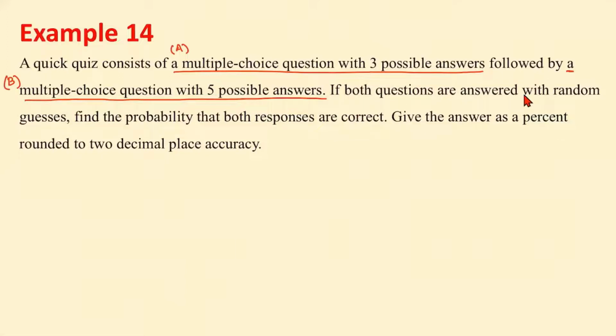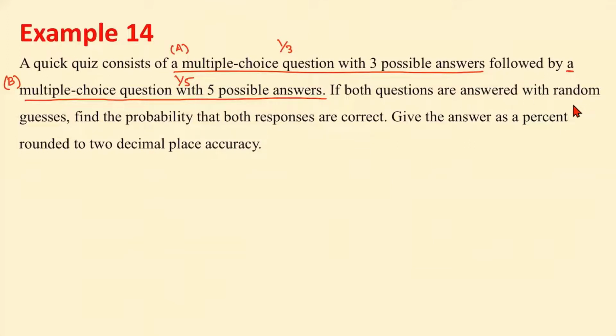If both questions are answered with a random guess, for the first one there are 3 possible answers, so one of them will be correct. So the probability that they will make the first one correct is 1 out of 3. Similarly, in the second one there are 5 possible answers, so the probability of getting the correct answer is 1 out of 5.